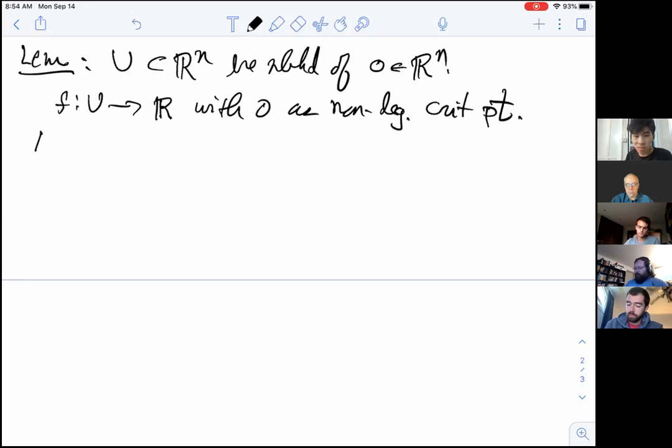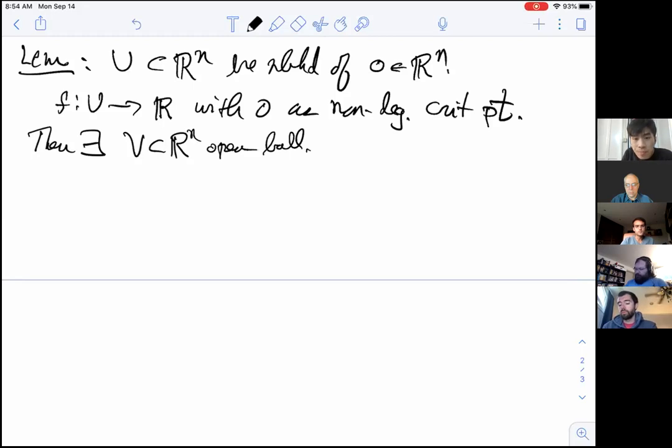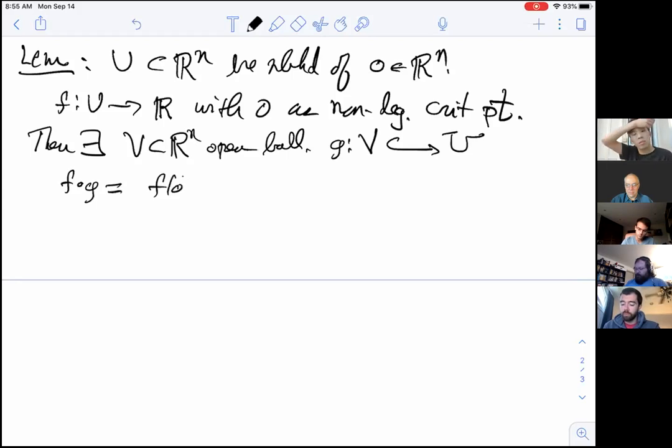Then there exists an open ball in Rn, a neighborhood of the origin if you want, and a diffeomorphism phi of V into U, sending the origin to the origin, so that f composed with phi is the value of f at the critical point plus summation epsilon i xi squared, i equals 1 to n, epsilon i is plus or minus 1.